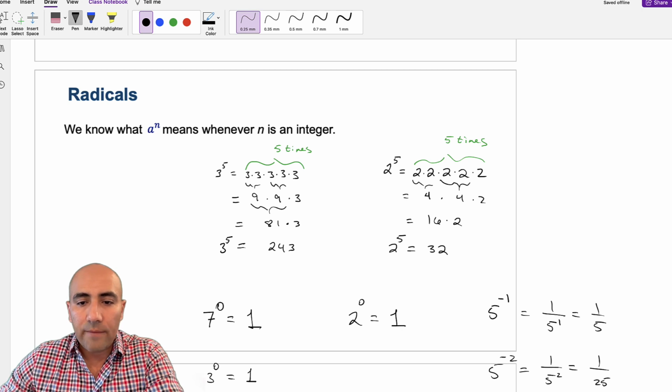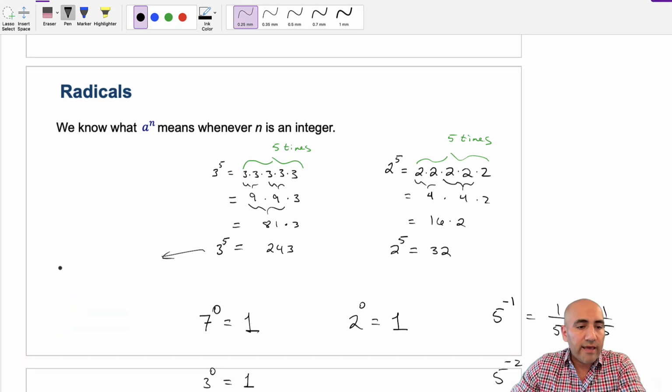Going back to 3 to the negative 5 power, this is equal to 1 over 3 to the positive 5 power, and we already know that 3 to the 5th power is 243. So this becomes 1 over 243. That's how we treat negatives in the exponent.